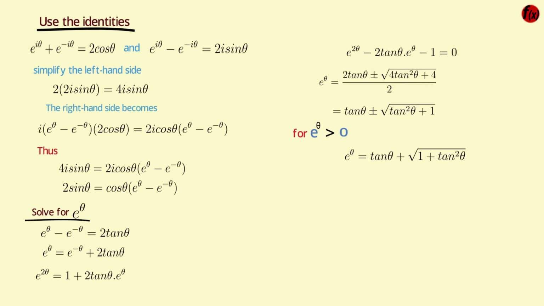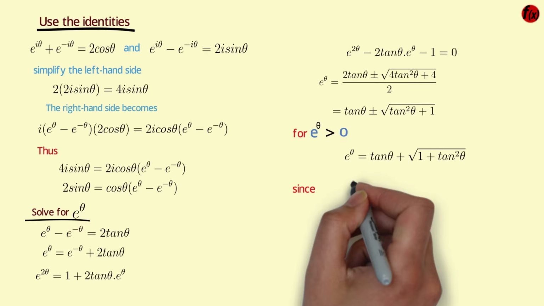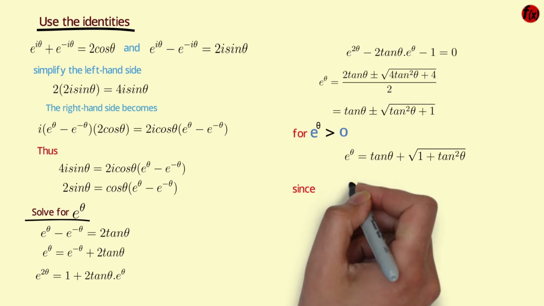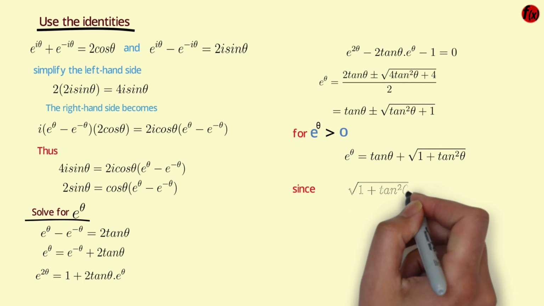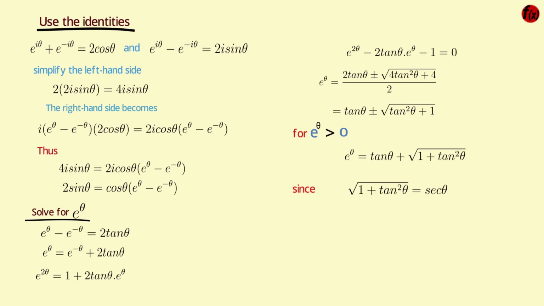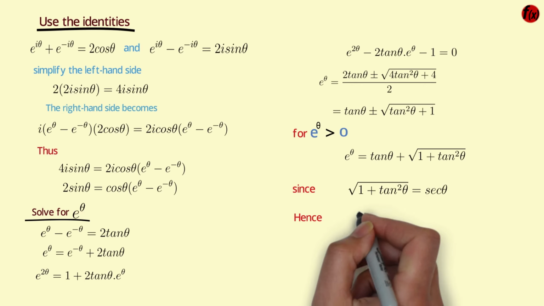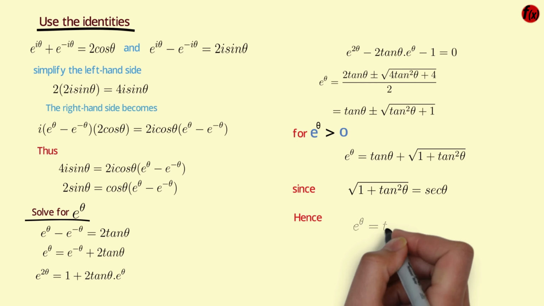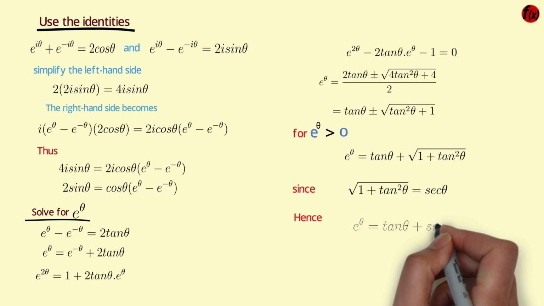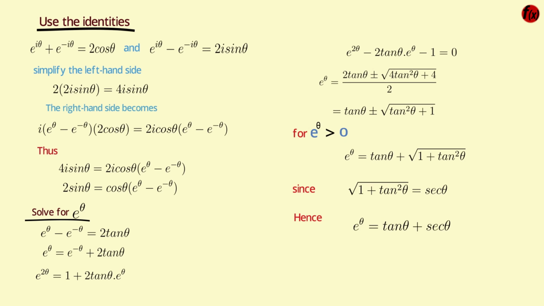Recall the trigonometric identity. Taking natural logarithms of both sides gives the desired relation.